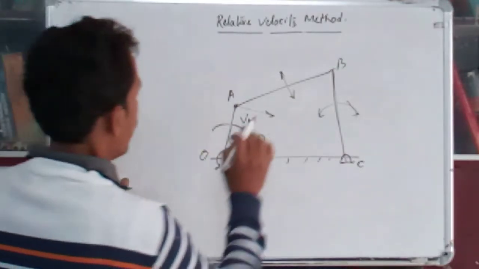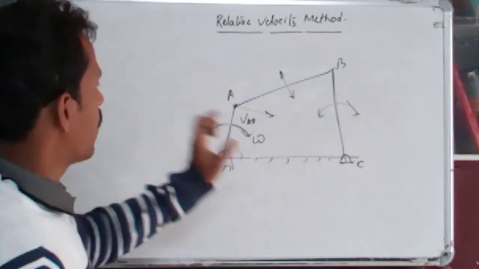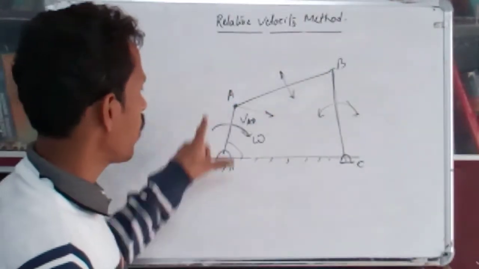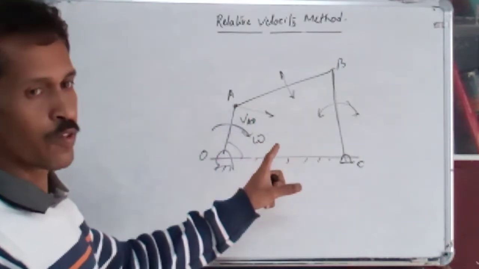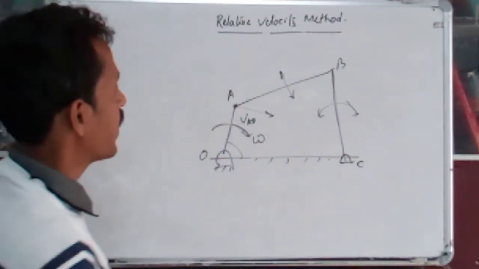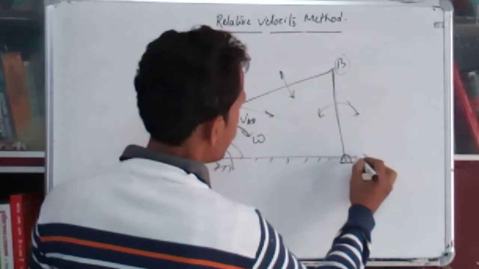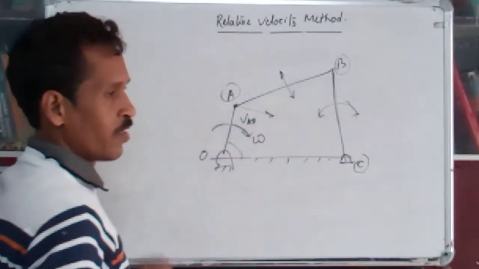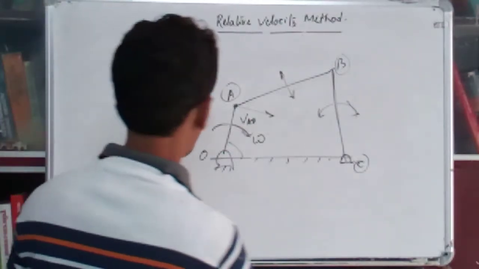Now, if you draw the velocity diagram from the configuration diagram, in that case the capital letters will be converted into small letters. Small letters indicate velocity.